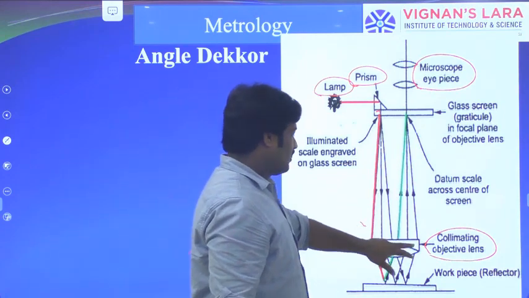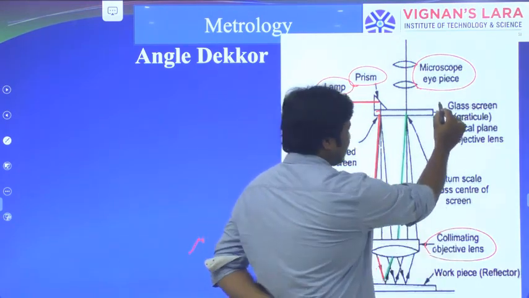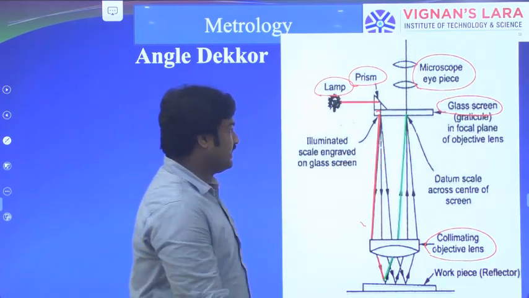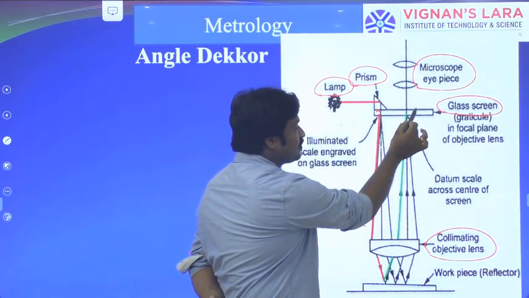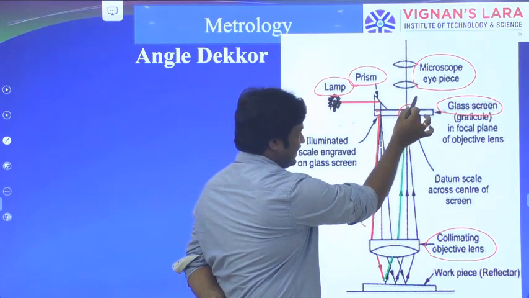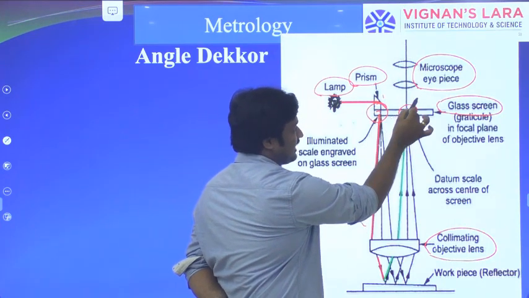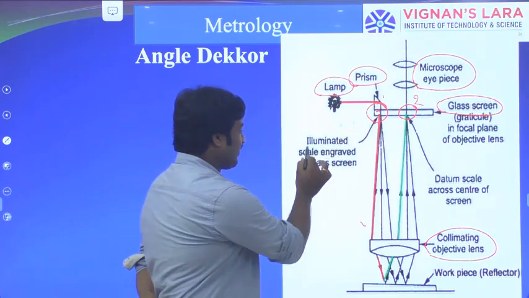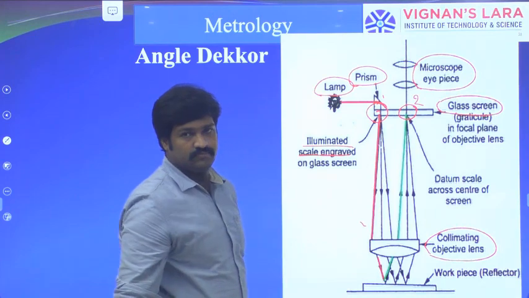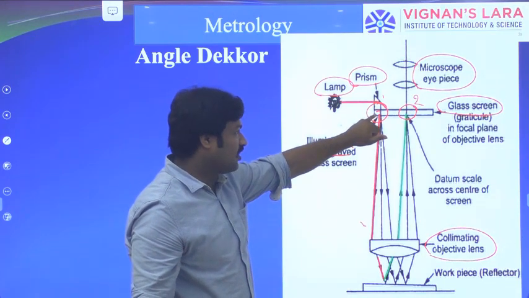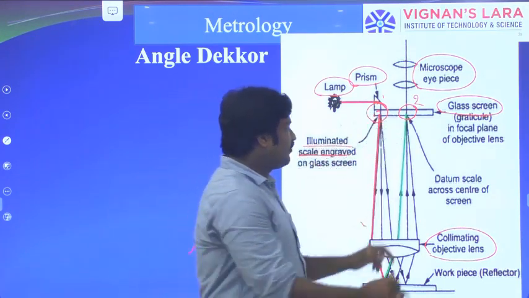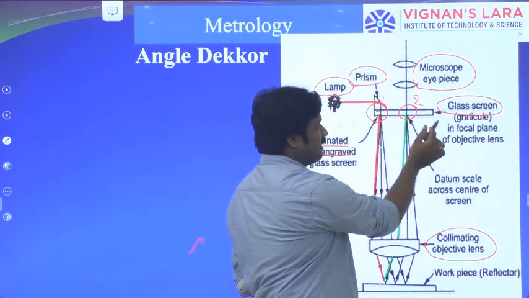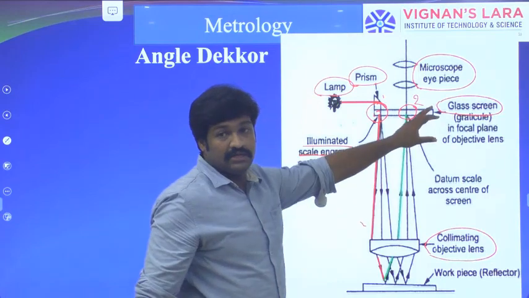Next, it consists of a glass screen. In the glass screen, there are two scales. One scale is at this junction and the other scale is at this junction. Scale 1 is an illuminated scale marked on this glass, and one more illuminated scale is marked here.